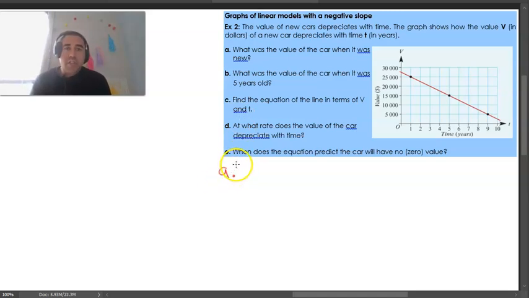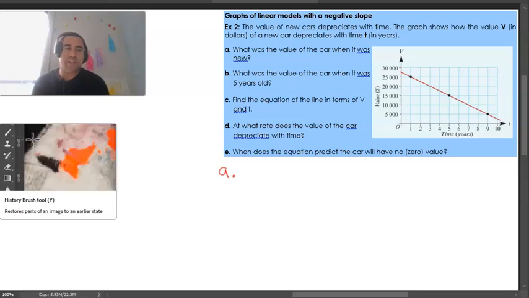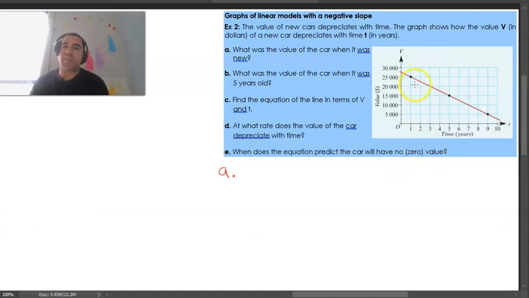So the first question, what is the value of the car? What was the value of the car when it was new or when it was first bought? Now this one's a bit tricky because it's not obvious because it doesn't lie within an actual specific value that's told to you on the V-axis. So it lies in between 2500 and 3000.